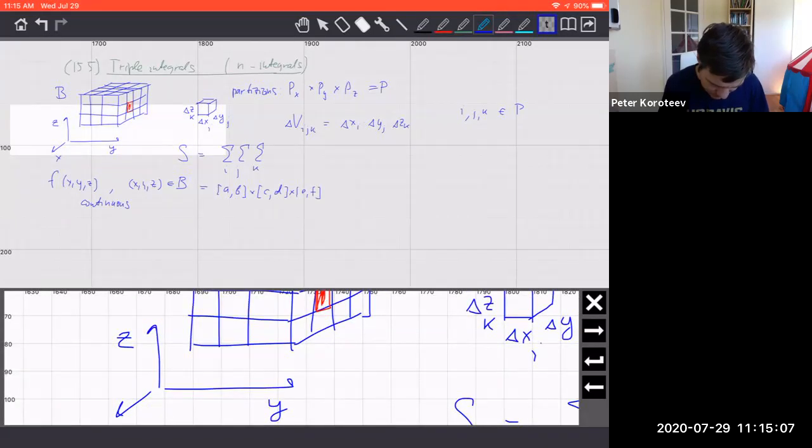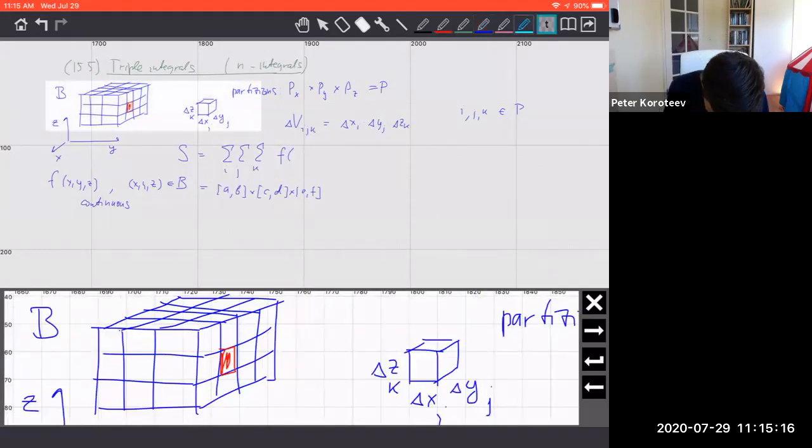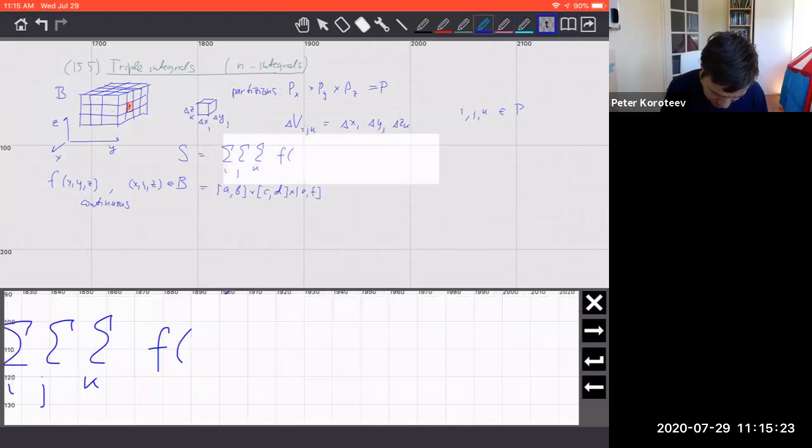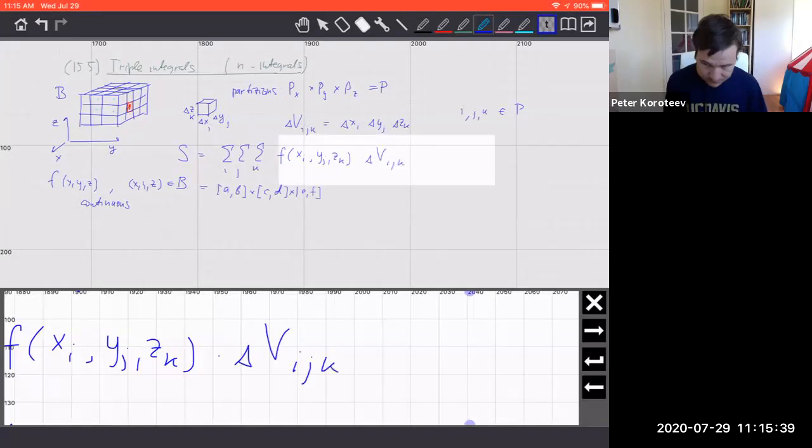Right? And then the Riemann sum would be, again, it doesn't matter where we pick the point: if the function is integrable, we can pick a point anywhere inside each of those small parallelepipeds, and then multiply by the small volume. So it will be the sum of f(x_i, y_j, z_k) times delta V_ijk.